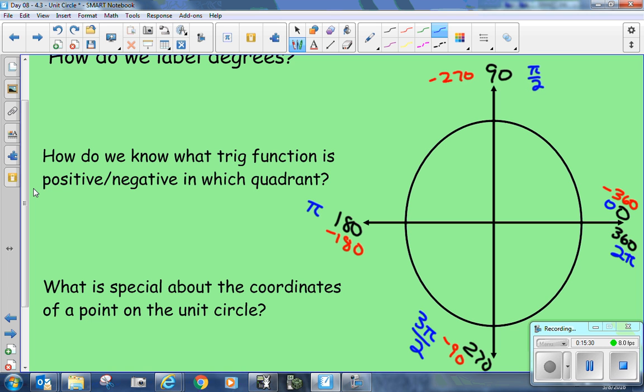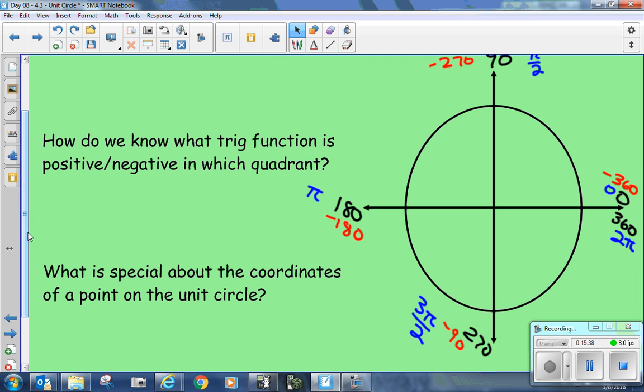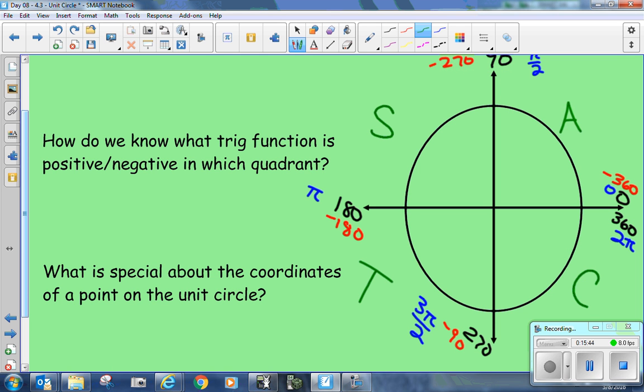Now, how do we know what trig function is positive, negative, and which quadrant? We've just been discussing this. All students take calculus. Okay? Which means the A stands for what in quadrant 1? All trig functions are positive there. What about quadrant 2? Sine is the only positive.